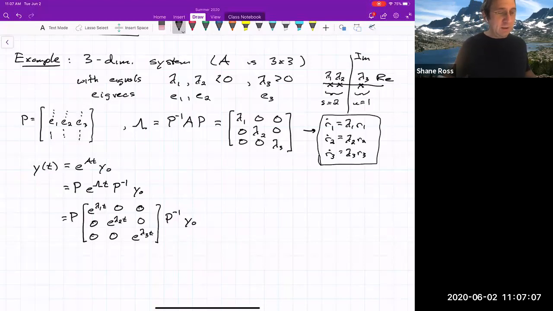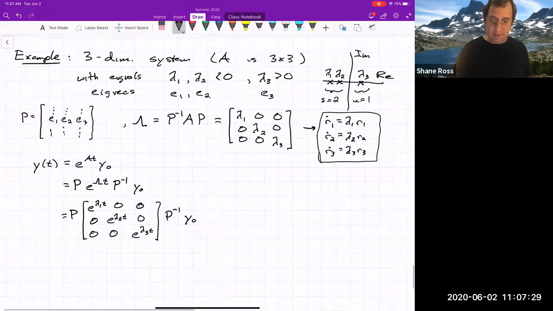Now the problem when you have a complex conjugate pair of eigenvalues is you won't have individual scalar ODEs. There will always have to be at least some 2-dimensional subsystem that's coupled. So complex conjugate pairs imply that there's a 2D subsystem, and you can't get away from that.